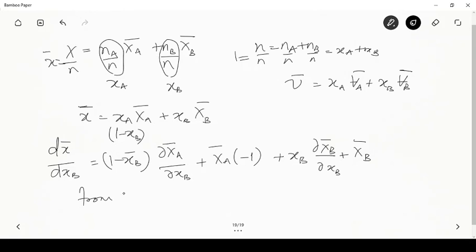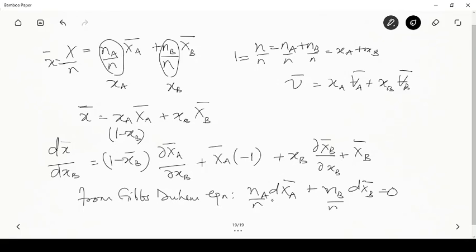So from the Gibbs-Duhem equation, we get Na dXa bar plus Nb dXb bar equal to 0, and if I divide both sides by N, it will be Xa dXa bar plus Xb dXb bar equal to 0.